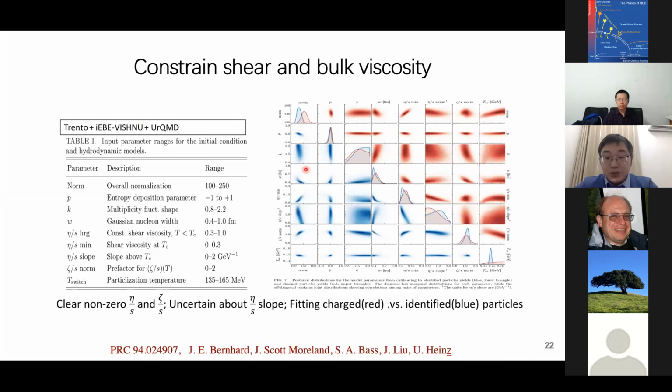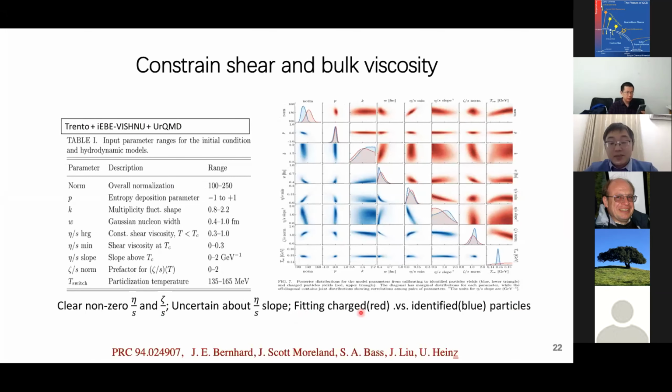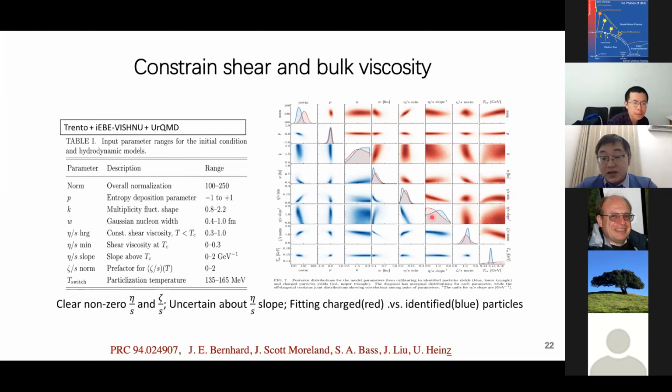The blue part is given by identified particles, and the red part is given by fitting the charged particles. They still have some tension for some physical parameters. But for eta over s and zeta over s, they have clear peaks. But it's not clear whether the shear viscosity over entropy density has a temperature dependence.